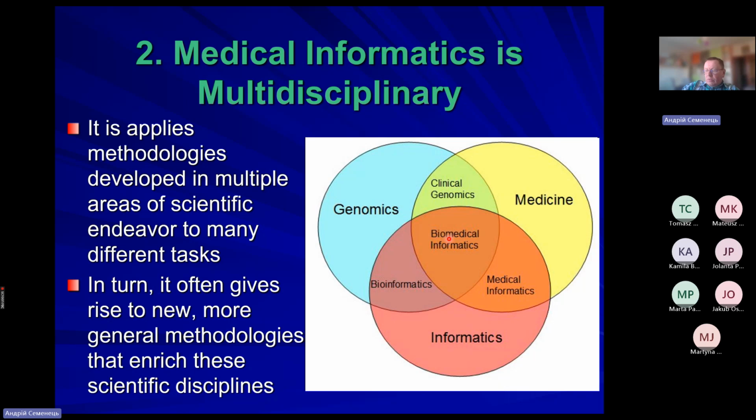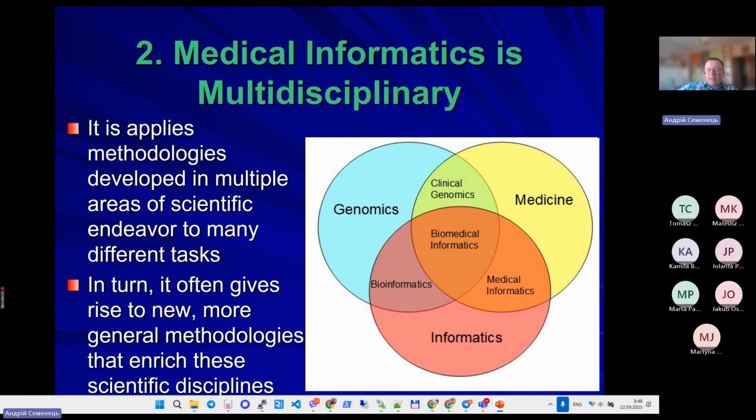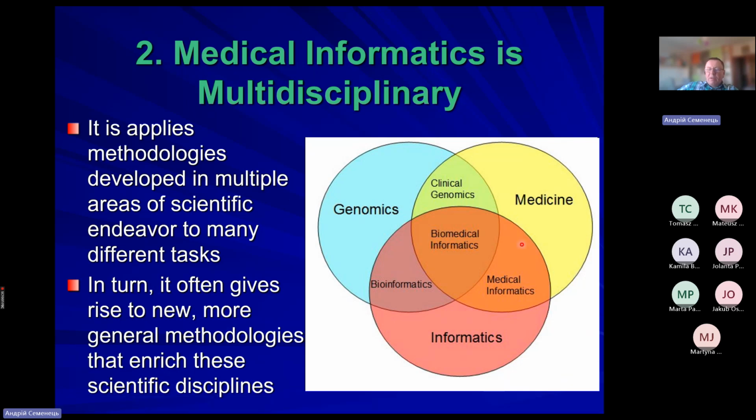And now it's time to turn to the second question of the first part of the lecture, when we will talk about medical informatics as multidisciplinary studies. We have it here again shown on the Venn diagram. For example, we can now get different subsections of medical informatics, like medical informatics and biomedical informatics, and actually it's not a full list.